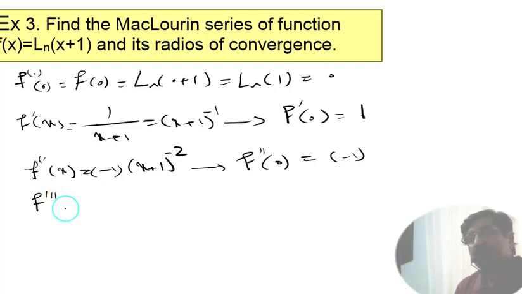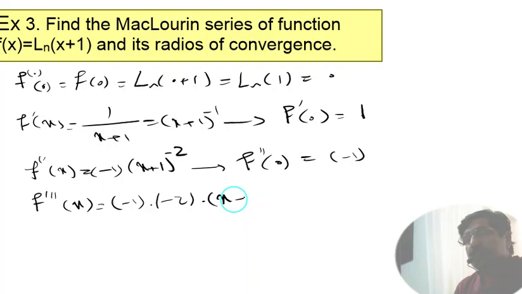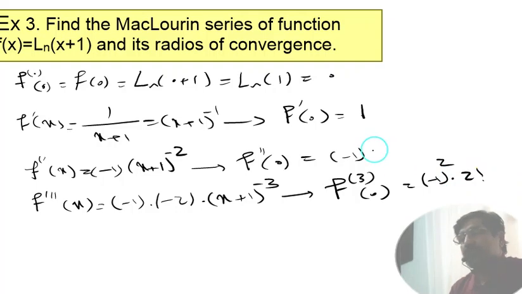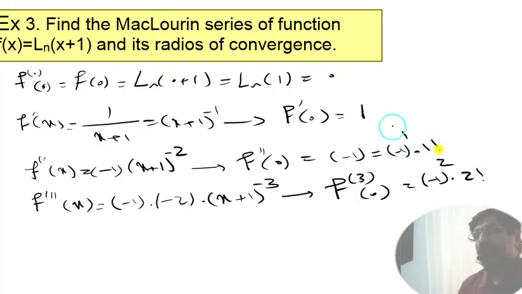The next one is minus 1 times minus 2 times (x+1) to the power of negative 3. So the third derivative of f at 0 is (minus 1) to the power of 2 times 2 factorial. We can write this as (minus 1) to the power of 1 times 1 factorial.